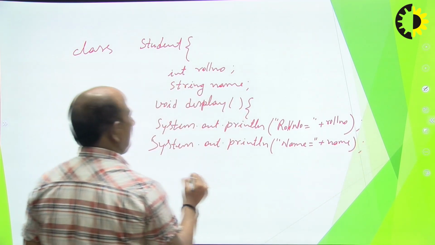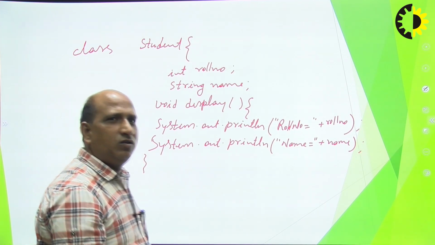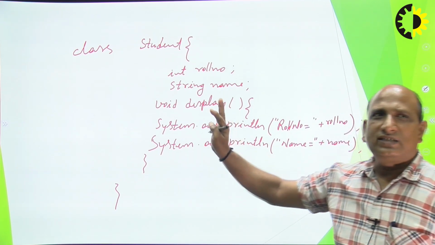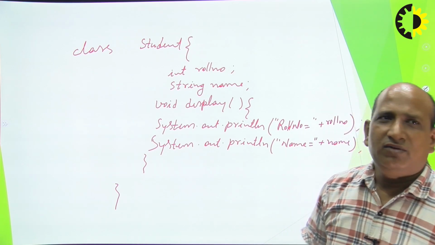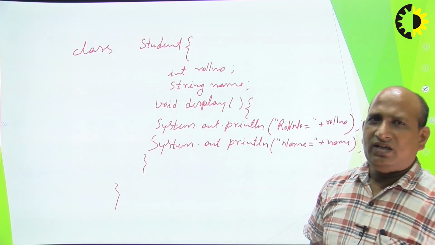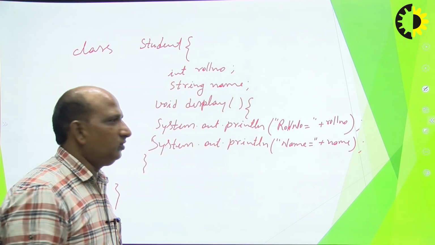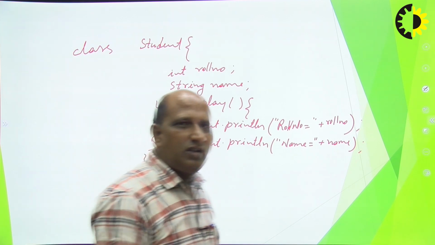Means this display function is displaying the roll number and name of the student. Now this class Student has two variables, roll number and name, and a function display that displays the roll number and name of the student. This way you can create a class.